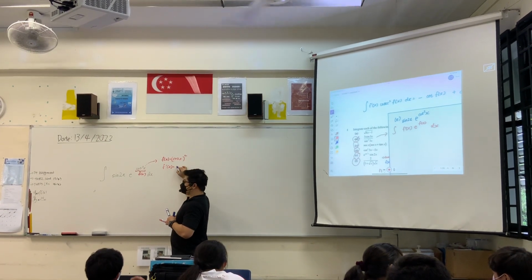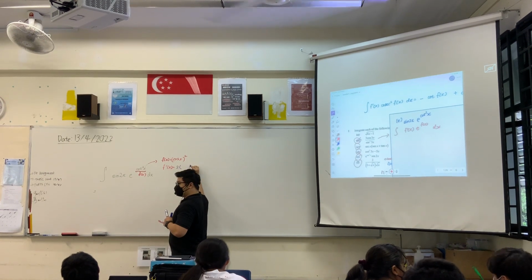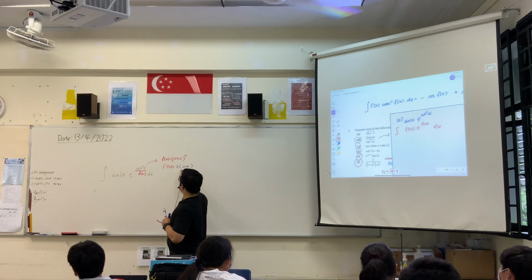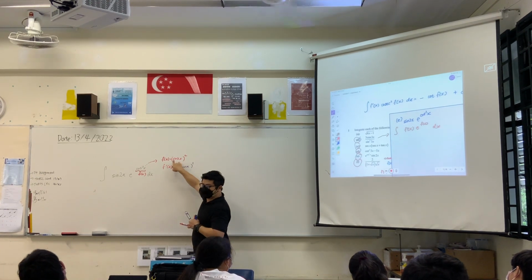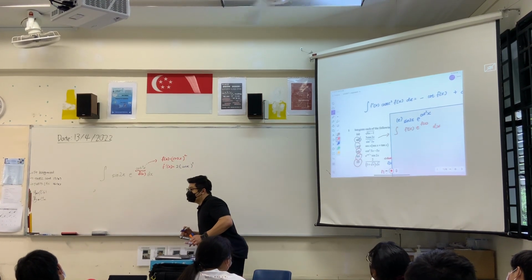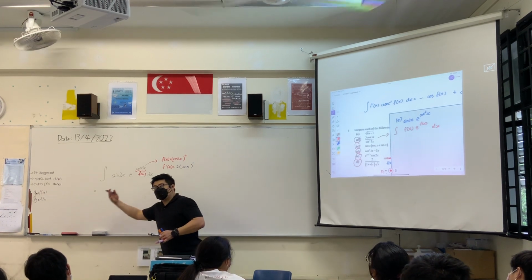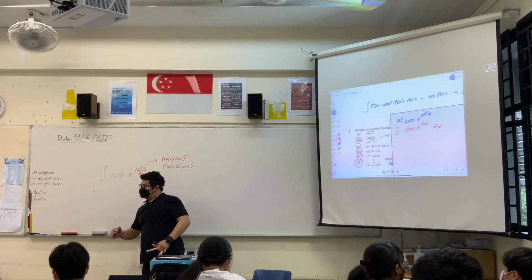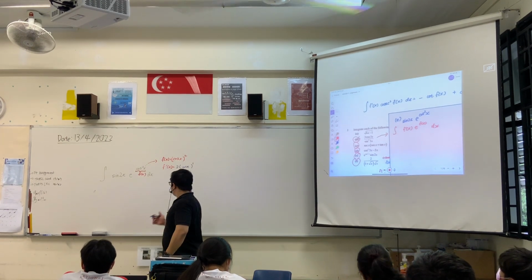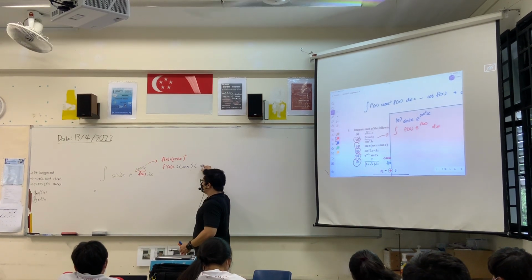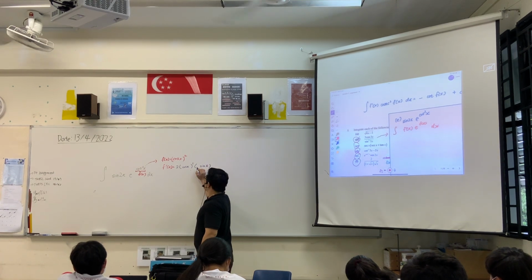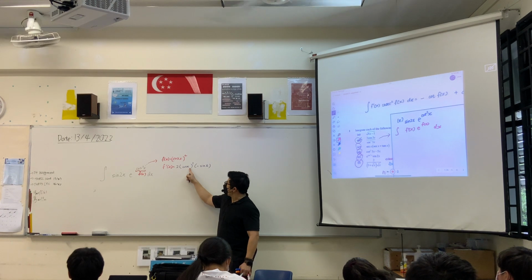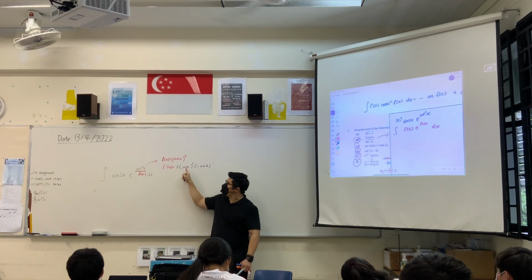Differentiate outside, I'll get 2 cosine, then differentiate inside. Differentiate cosine will be sine. Negative sine. Oh, negative sine. So 2 cos x sine x.